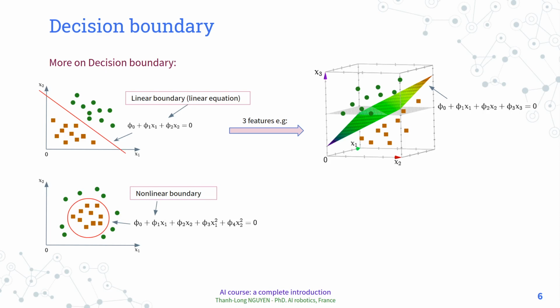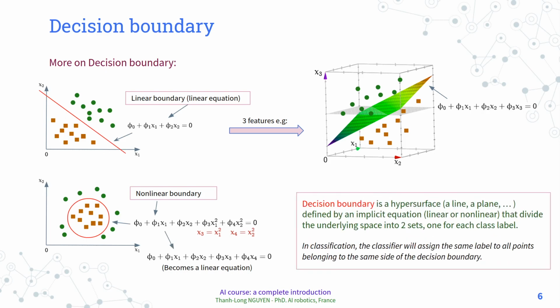However, in this case, if we create other features x3 equal to x1 squared and x4 equal to x2 squared, then this equation can be rewritten in a linear form like this, as you already saw this idea in the lesson about multiple linear regression.